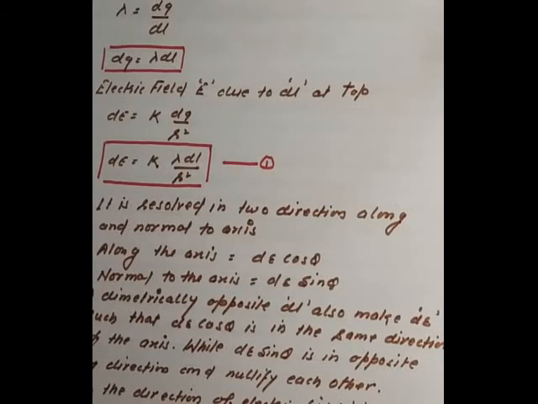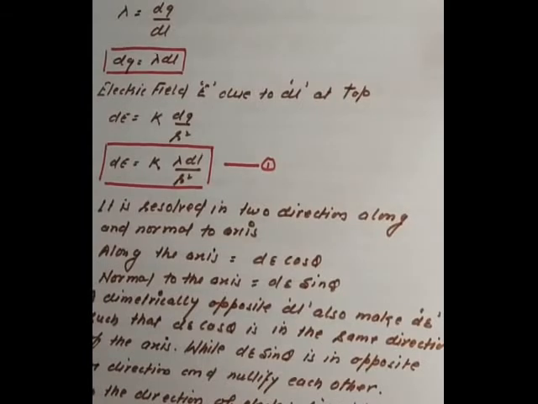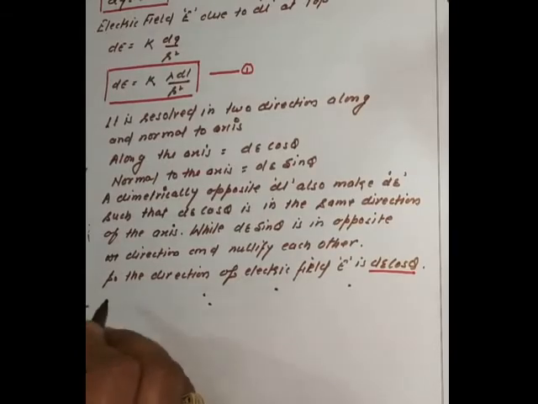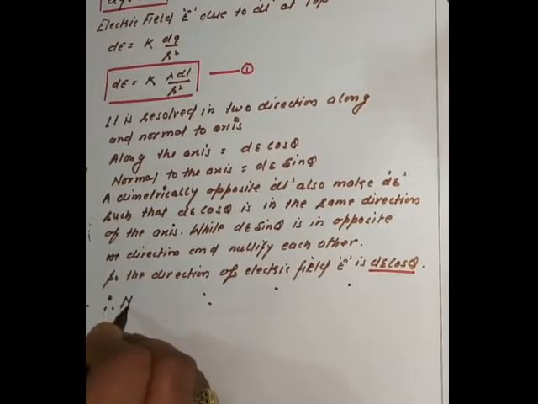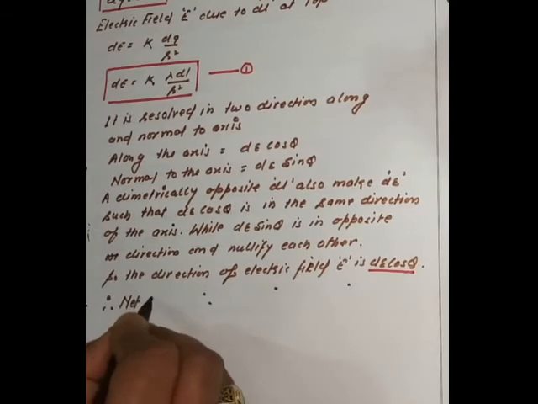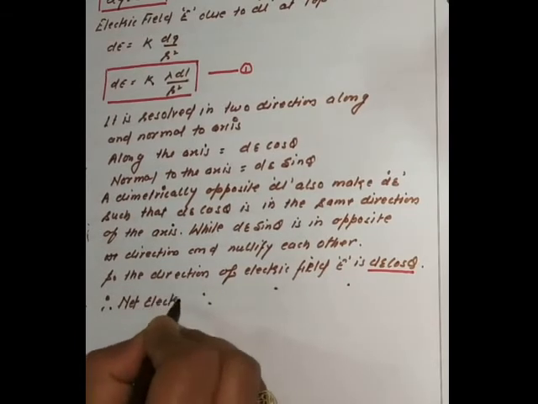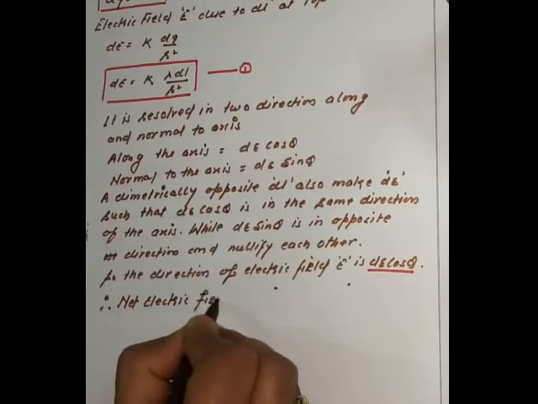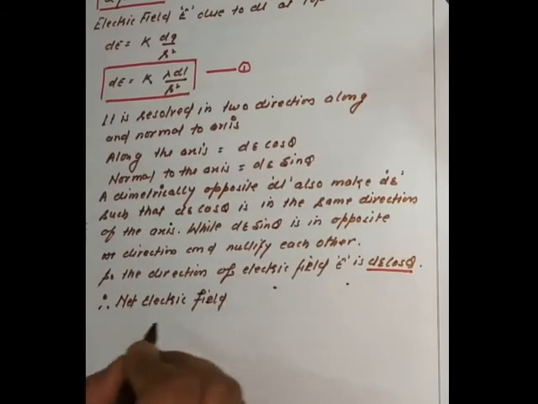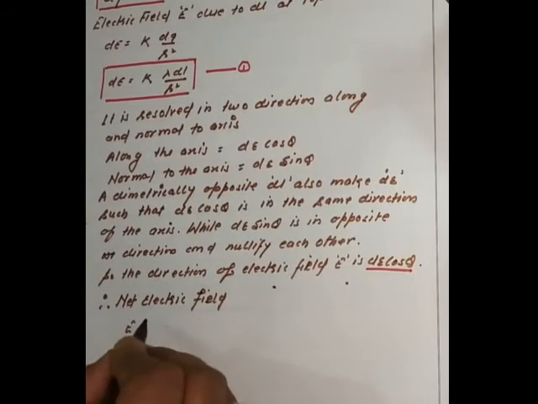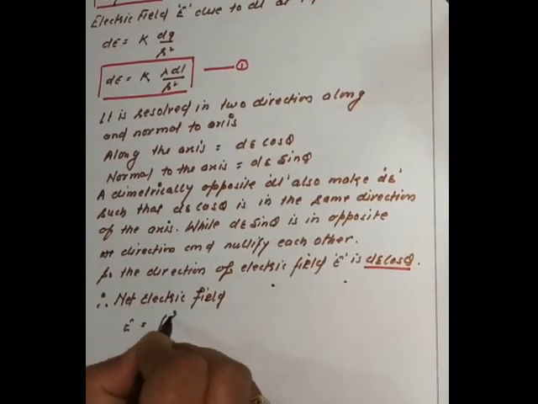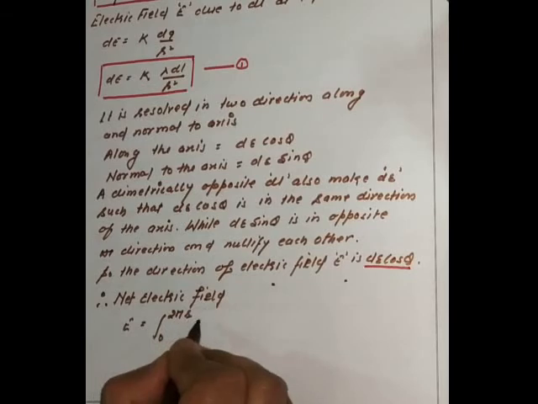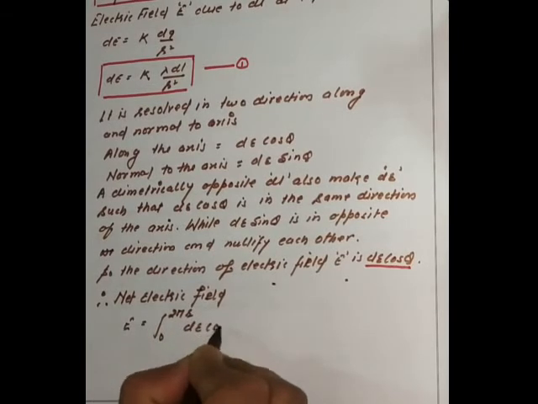So we can write, therefore, the net electric field E will become the integration from 0 to 2 pi r of dE cos theta.